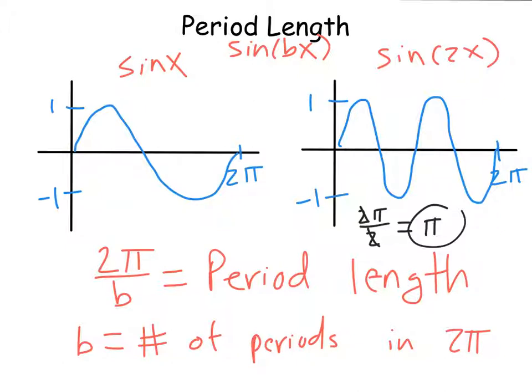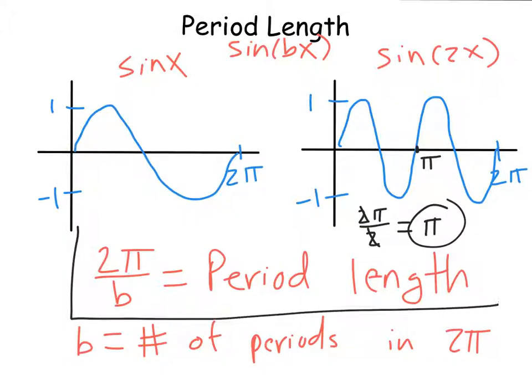If I marked right here, you can see at the halfway point, at pi, the graph has already done one period, and then from pi to 2 pi, it does another. So you have to be really clear. This is a big formula. It's probably going on your note card come test time. B affects the period length, but b is not the period length. It's a big idea.